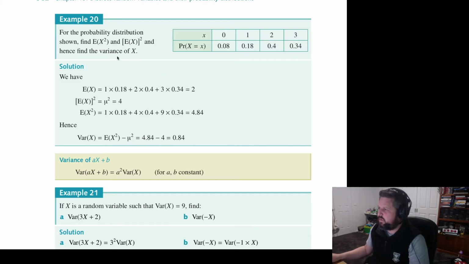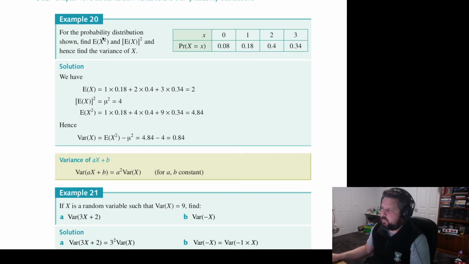From here, if you are asked to find the square of the expected value of x, we already found that out, that's the mean. We can square that value. 2 squared is obviously 4. So the square of the expected value of x is 4.